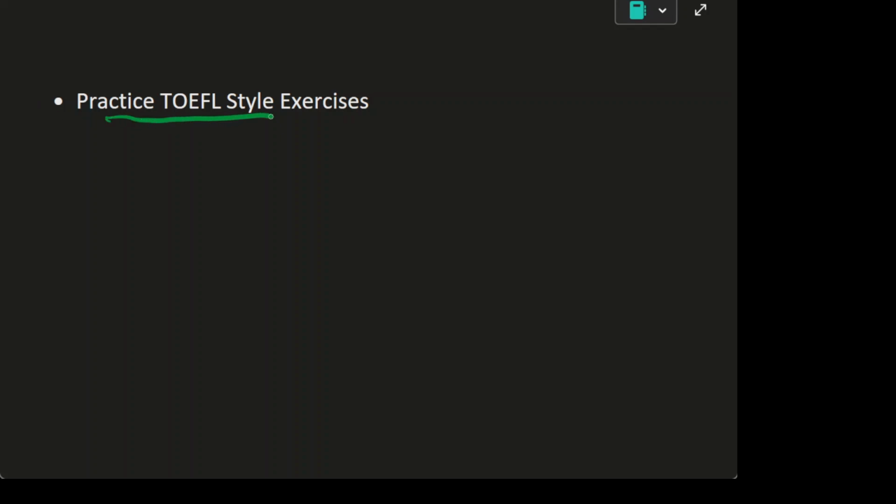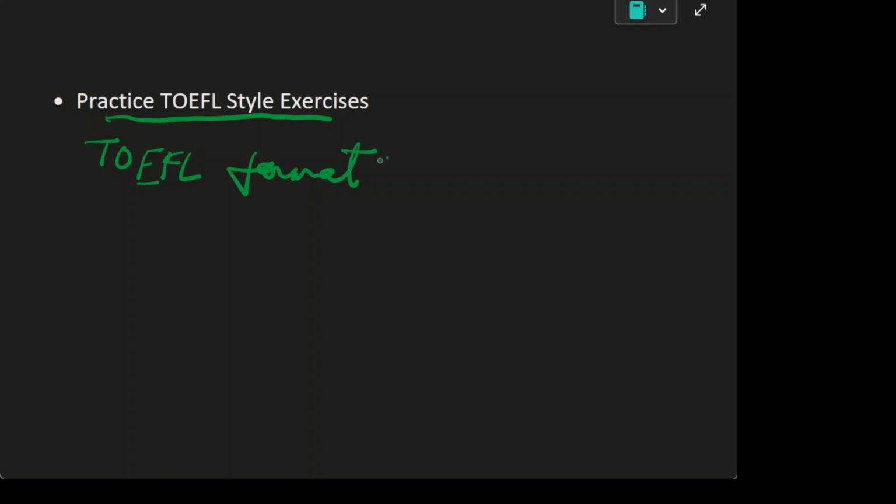Practice TOEFL style exercises. This is a very helpful one. What happens here is that you need to apply vocabulary in exercises tailored to the TOEFL format.